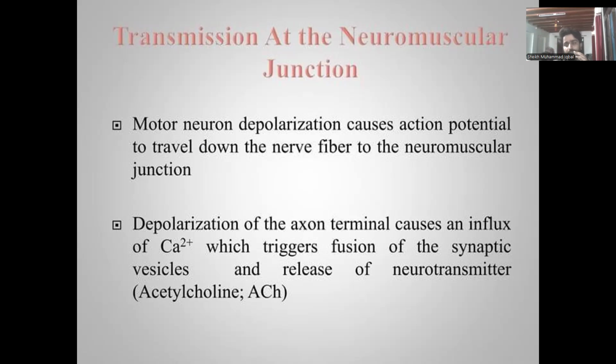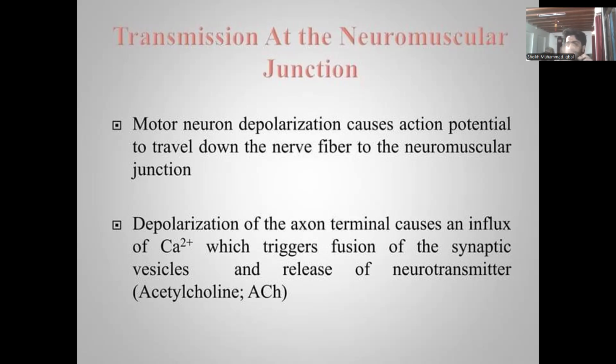After an action potential, the neuron's potential rises from negative to zero and to some positive values. When there is depolarization, it causes the action potential to travel down the nerve fiber to the neuromuscular junction. Once it reaches the neuromuscular junction, the axon terminals cause the influx of calcium.